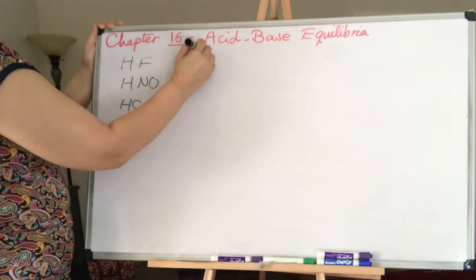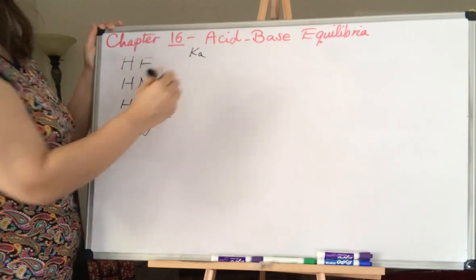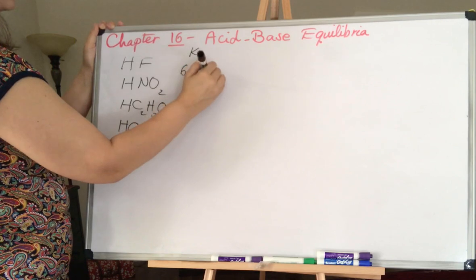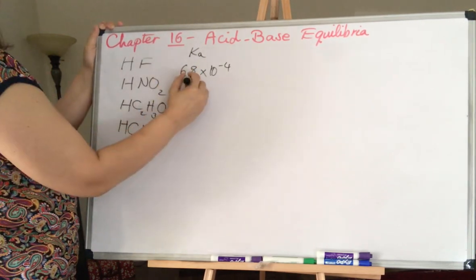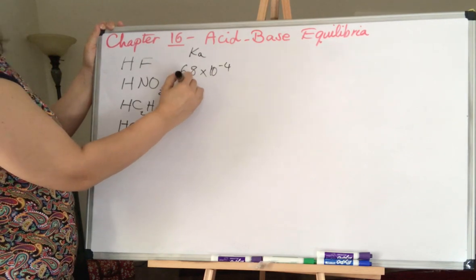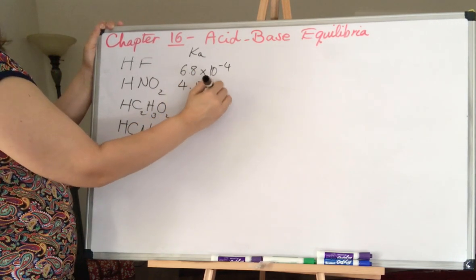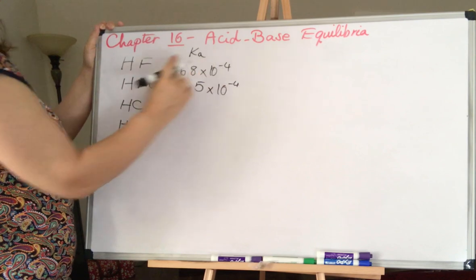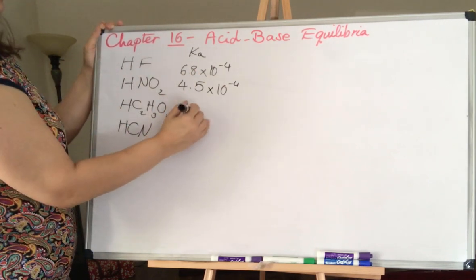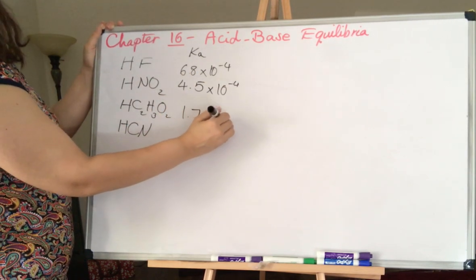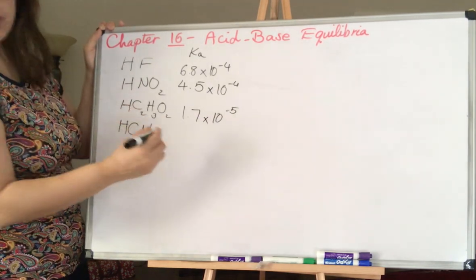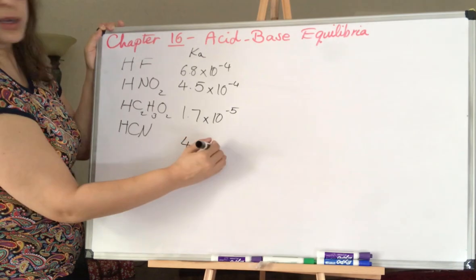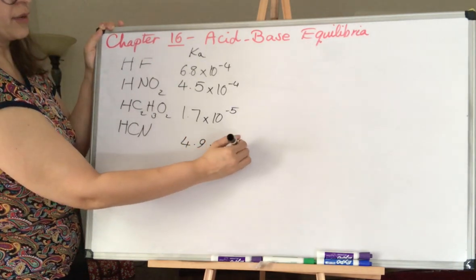Ka values are given: 6.8 times 10 to negative 4 for HF, 4.5 times 10 to negative 4 for HNO2, acetic acid 1.7 times 10 to negative 5, and for HCN, hydrocyanic acid, 4.9 times 10 to negative 10.